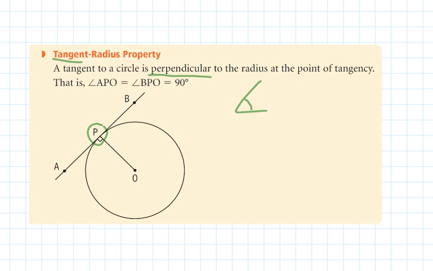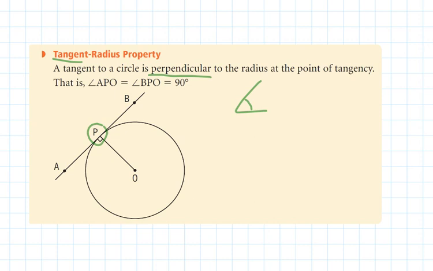So again, to describe what the theorem says, if you have any tangent like this one here, the point at which it touches the radius, the angle between them is always 90.